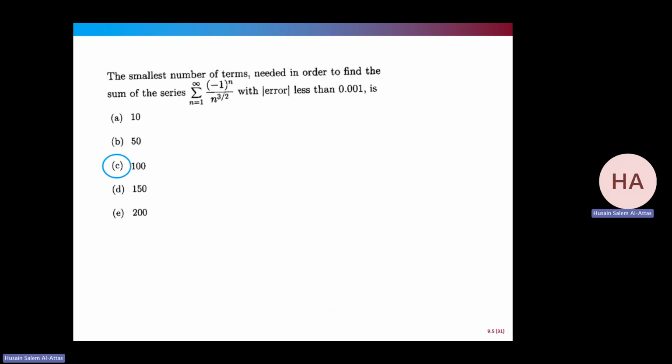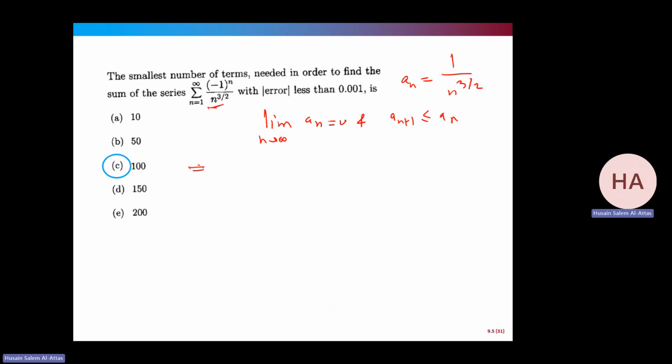Okay, the smallest number of terms. Yeah, we did these things, and this is very clear. It's converging. It's 1 over n to the power 3 over 2, with the limit of an equal to 0, and an plus 1 is less than an.